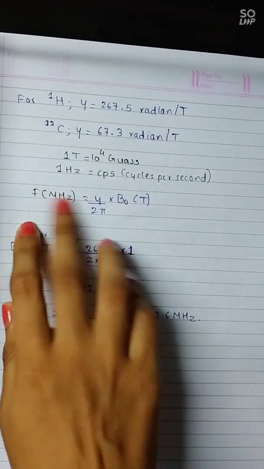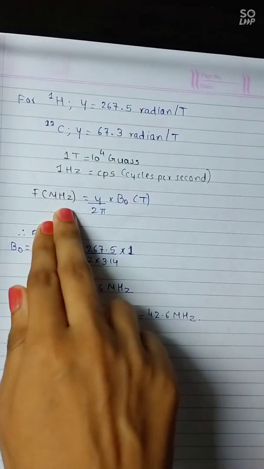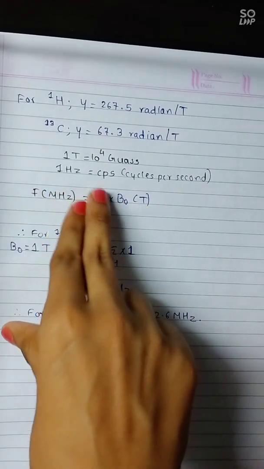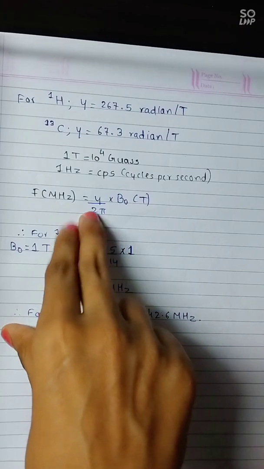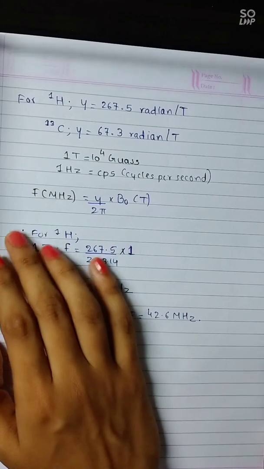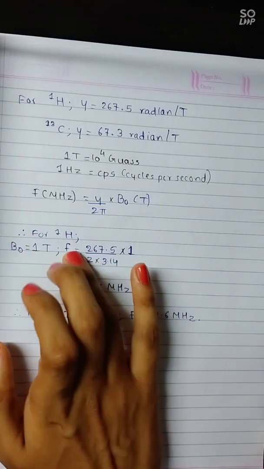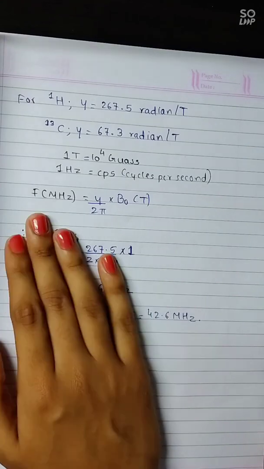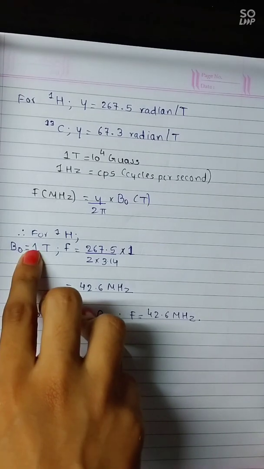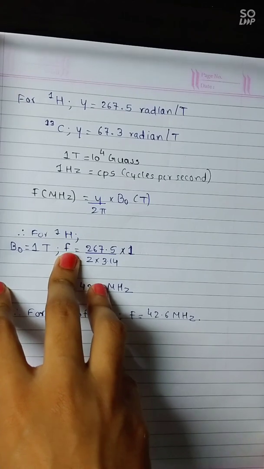So, what will be the frequency? You have to remember this equation, okay? With frequency in megahertz and magnetic field in Tesla, frequency is equal to gyromagnetic ratio upon 2 pi into external magnetic field. Now, say in case of 1H NMR, what will be the frequency if such a numerical is asked? The value of the external magnetic field is already given to you, which is 1 Tesla, and we have to find the frequency.